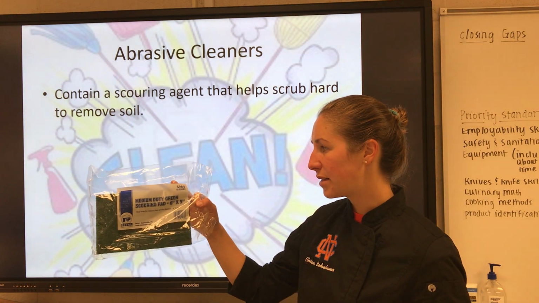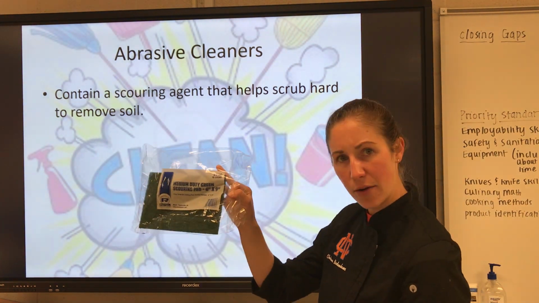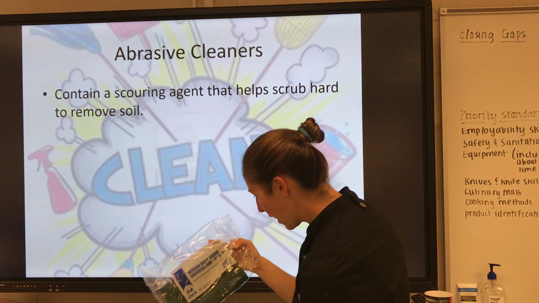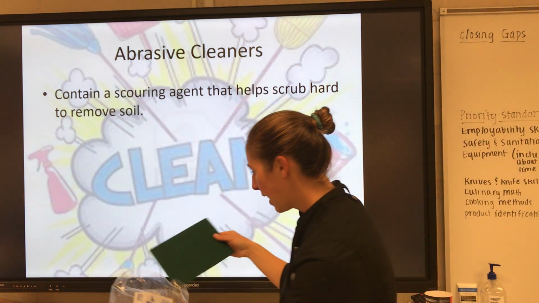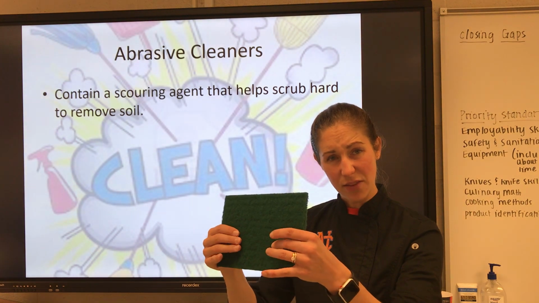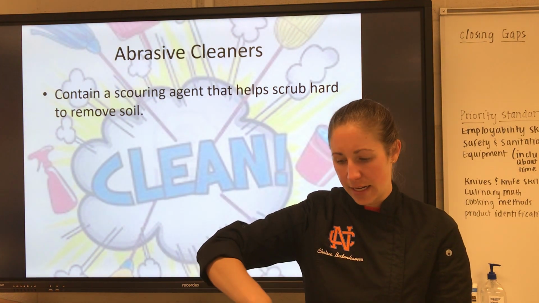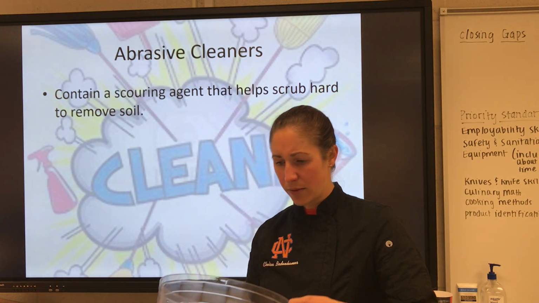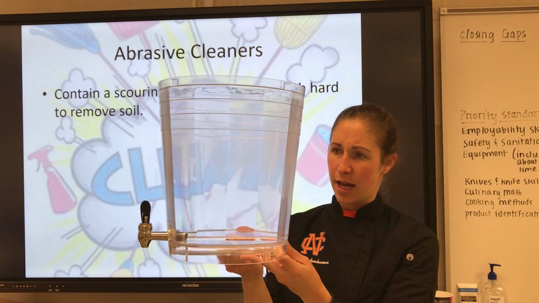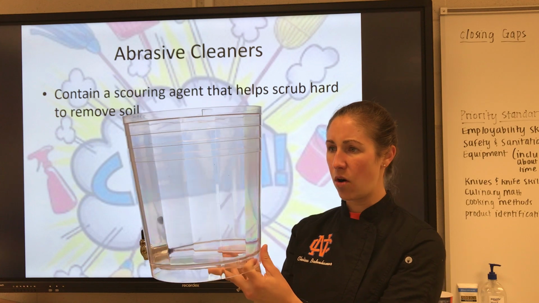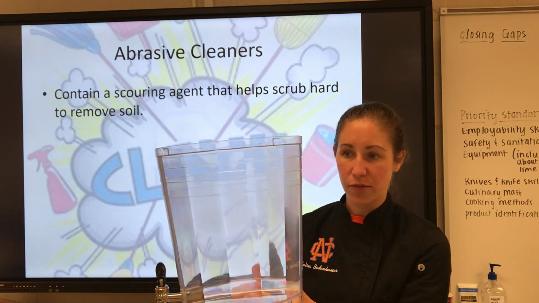So I got one of these, a medium duty green scouring pad, okay? It's abrasive, it's rough. I decided I was going to take this on the inside and clean the inside. Then what I realized after I'd done it, I made my container all foggy. I know this may be a little bit hard for you to see.